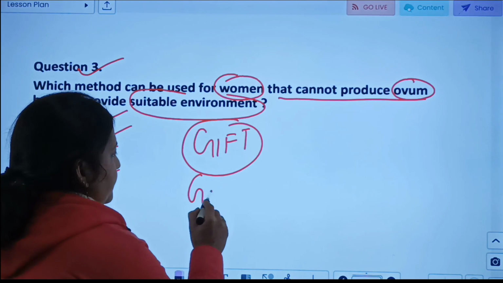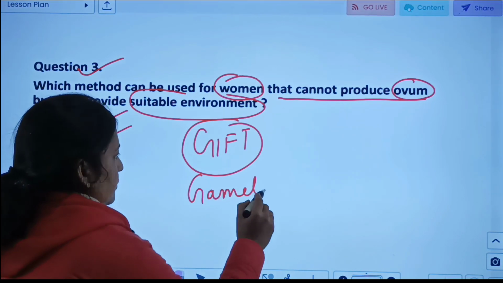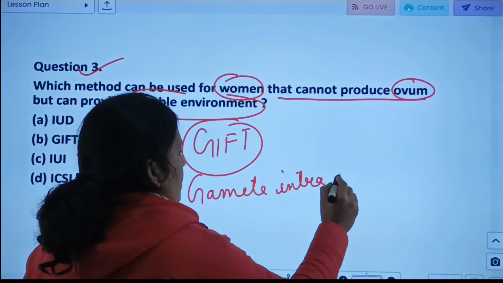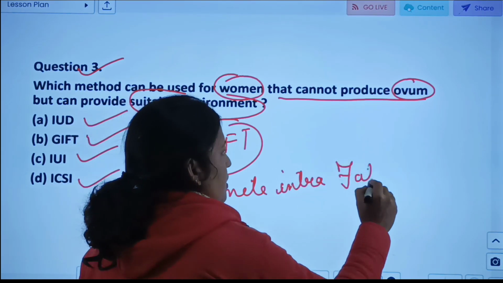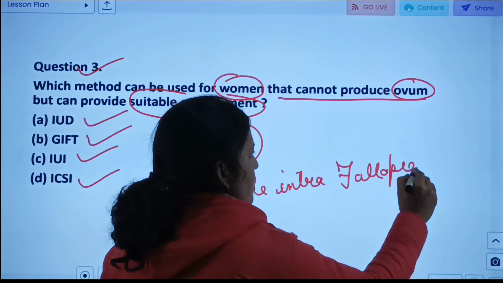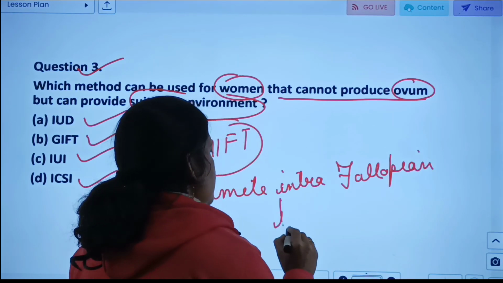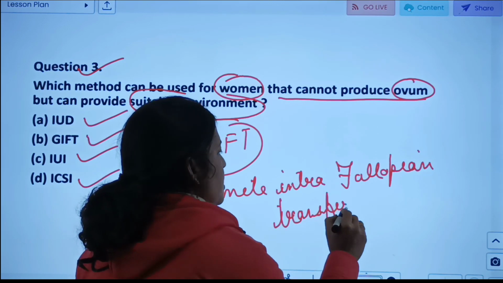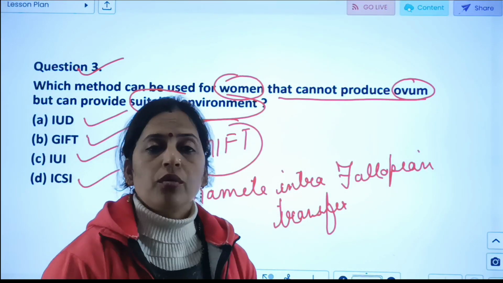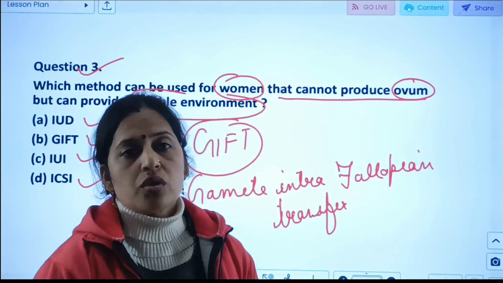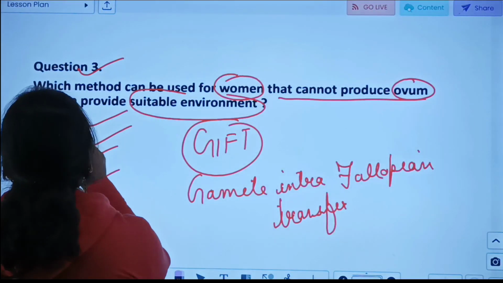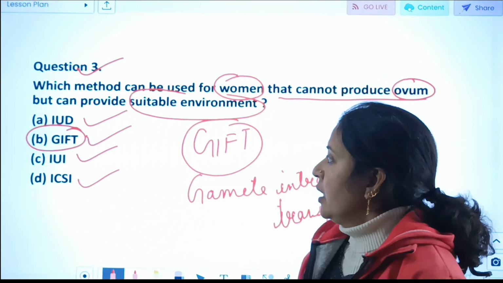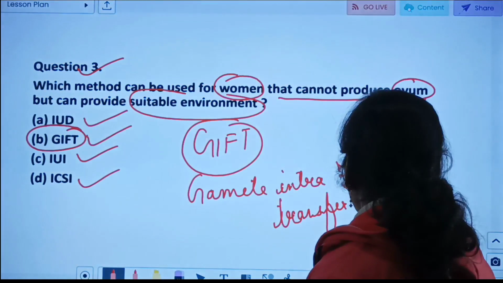That is gamete intrafallopian transfer is the method that is applicable for those women or those females who cannot produce the ovum but they can produce the suitable environment. So here this is the right answer for the question number 3, that is GIFT.